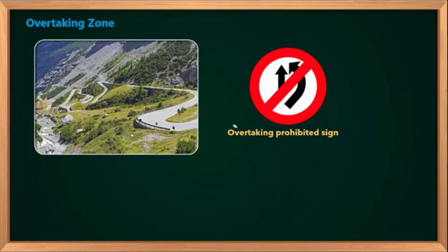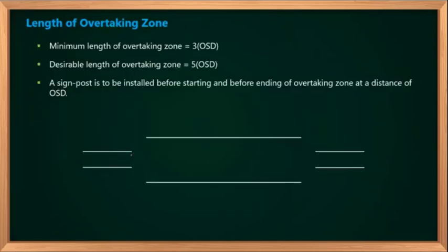Here the sign is saying overtaking is prohibited. This is the overtaking prohibited sign. Is that clear? So when overtaking is allowed, there will be a post saying that overtaking zone starts here.